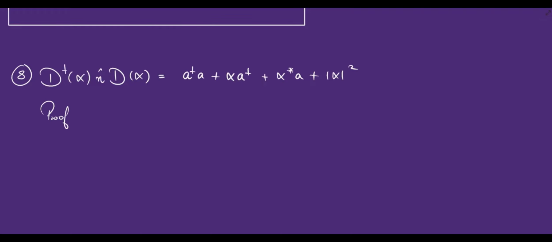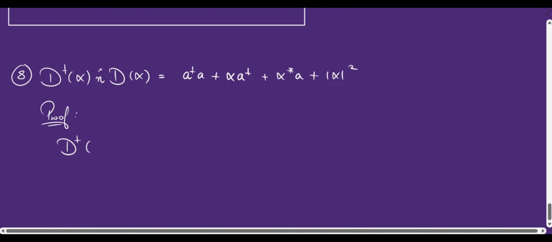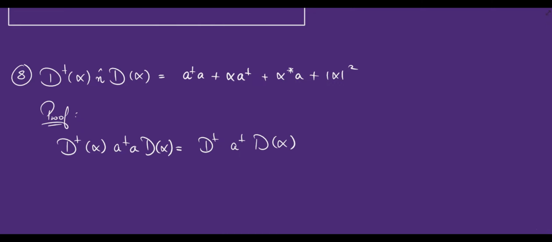Let me just prove it without the Baker-Campbell-Hausdorff. So this is equal to d dagger alpha a dagger a d of alpha, which is equal to d dagger a dagger d of alpha d of alpha dagger a d of alpha.